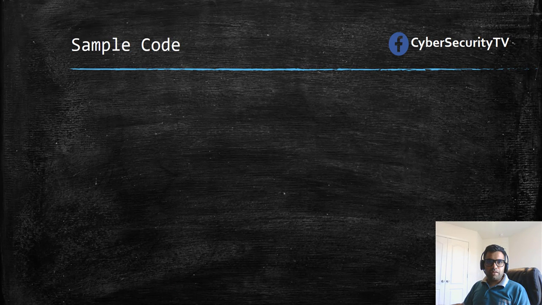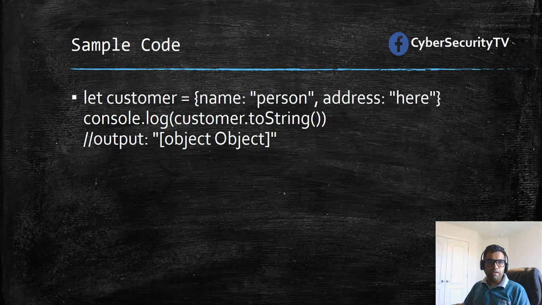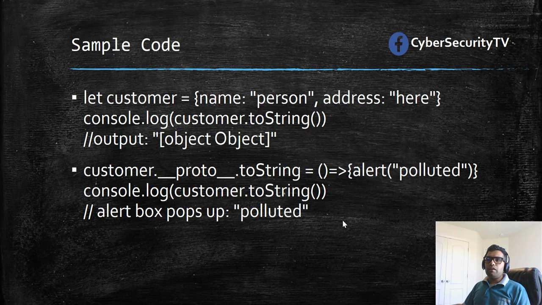Now let's take a look at the sample code. Here we have a customer, and it has a name, person, address, whatever. If we call customer.constructor.toString, it will output whatever it is. Now, if we set the value of customer.__proto__.toString to alert polluted, and somebody is printing that, of course an alert box pops up and says polluted.